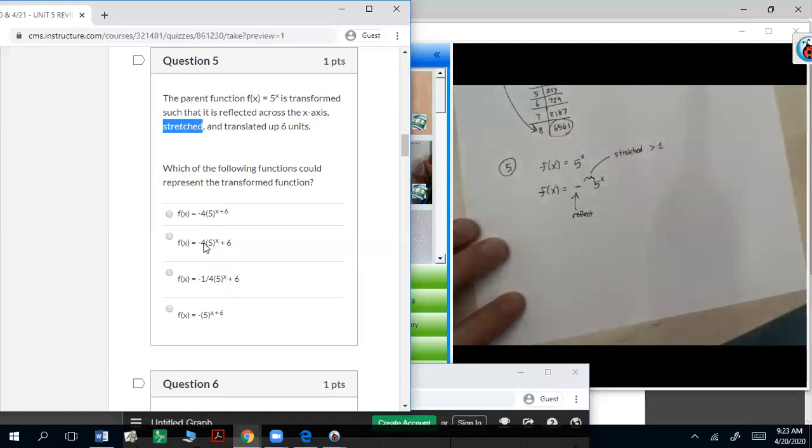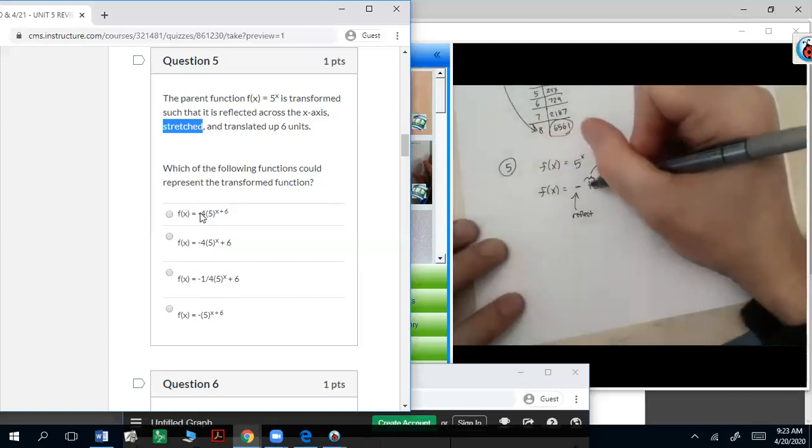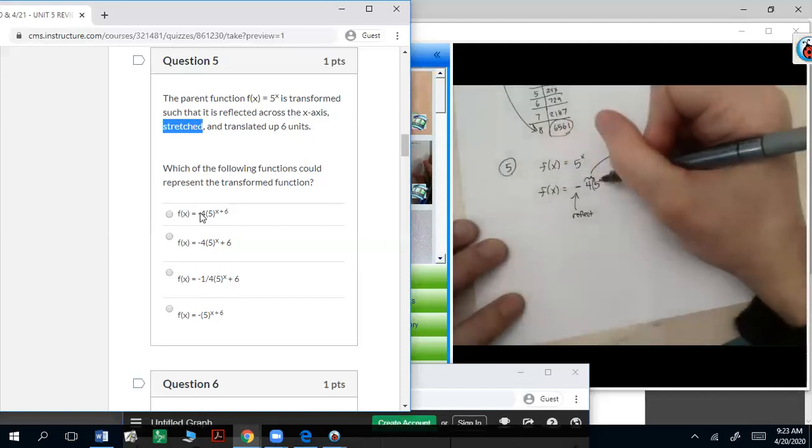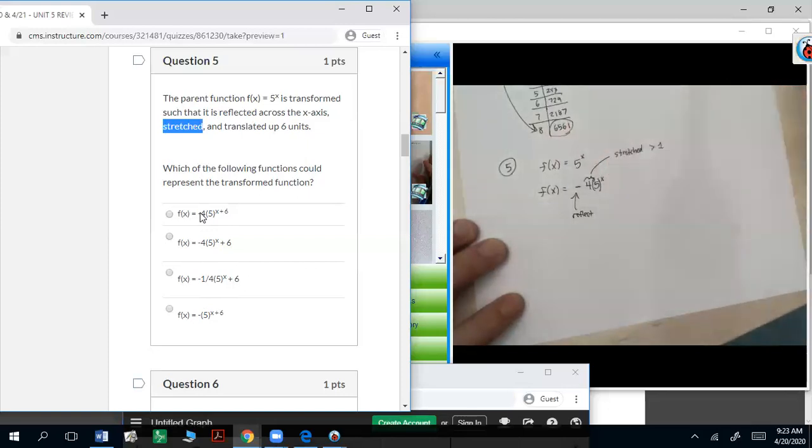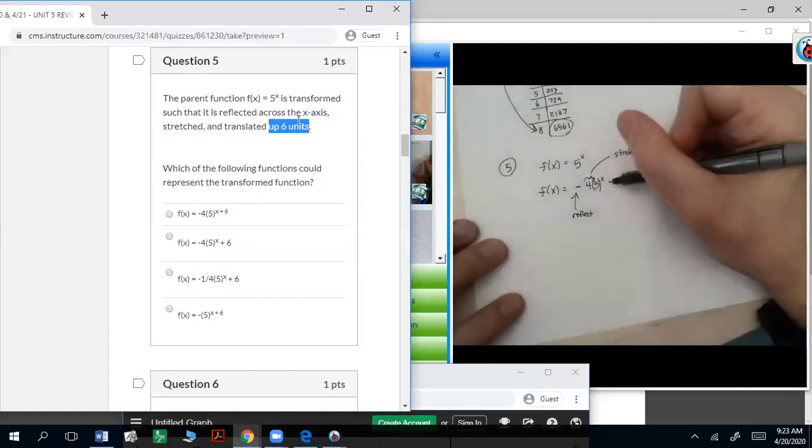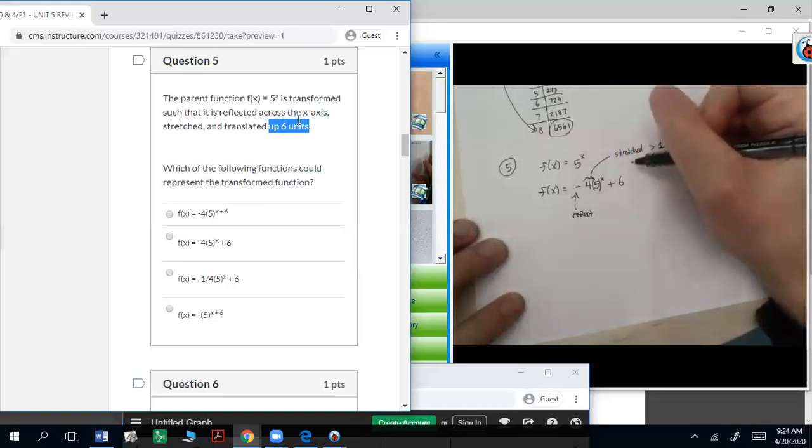It had to be -4, because 4 is going to stretch it. So that 4 would work. And if I wanted to go up 6 units, I'm going to want to add 6 units on the end, because remember, up and down is the end number. So if it's going up, it's going to be +6, and if it's going down, it's going to be -6.